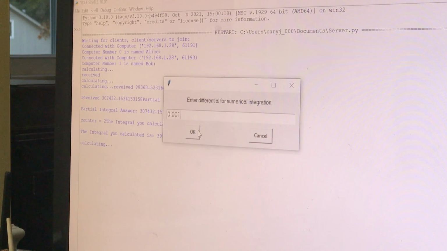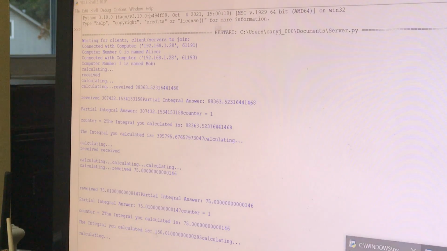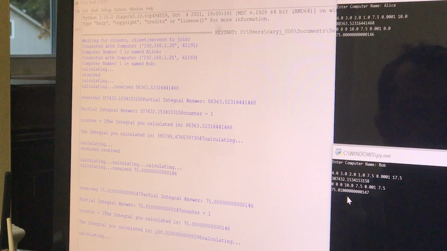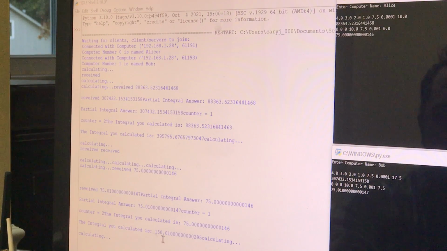Use a small number for the differential. And if we look at our client servers here, and I know I'm skewing the terminology, you can see this one distributed half the range, this one distributed the other half of the range, each one computed 75, and the final answer is 150, which is 15 multiplied by the 10 as mentioned.